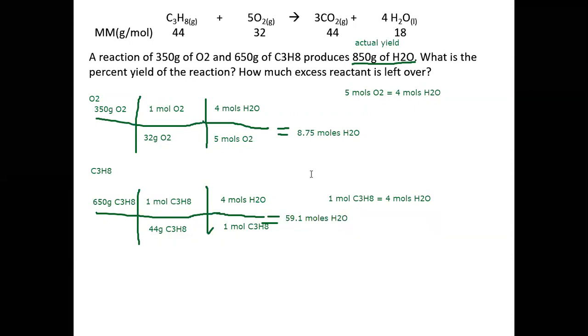And so by a big difference, oxygen is the limiting reactant.